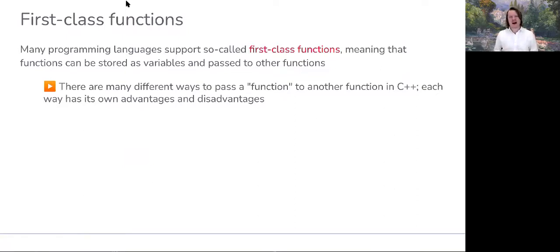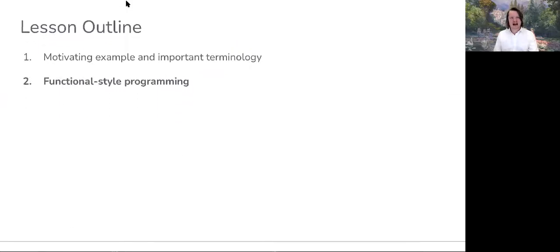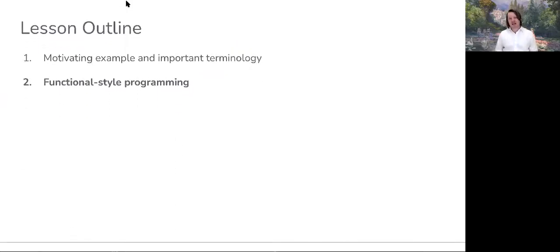And you'll see why the quotes are there, as I mentioned, as we go forward to another function in C++. And we will see there are different advantages and disadvantages for each of these means of passing functions to functions.